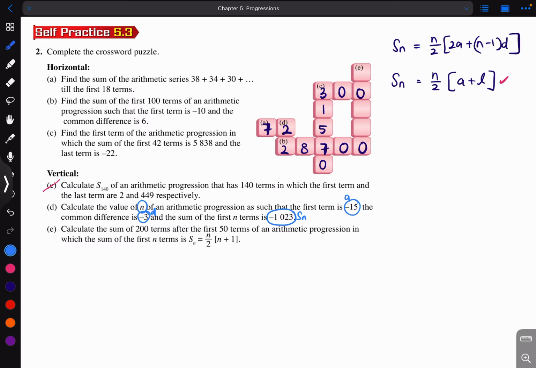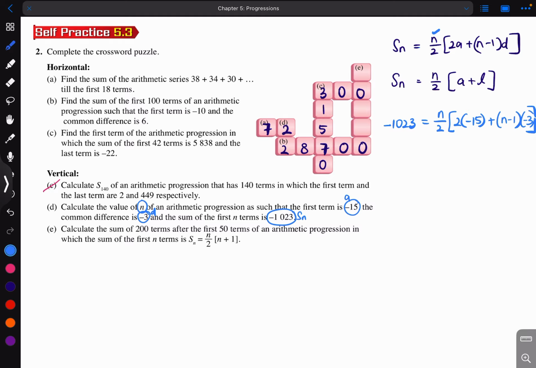Right. So here looks like we can use the first formula. So Sn is negative 1023. n we don't know. a is negative 15. (n minus 1)d. Common difference is negative 3. Alright.